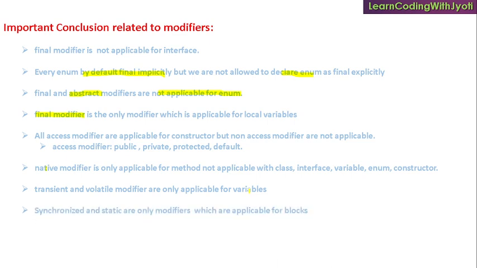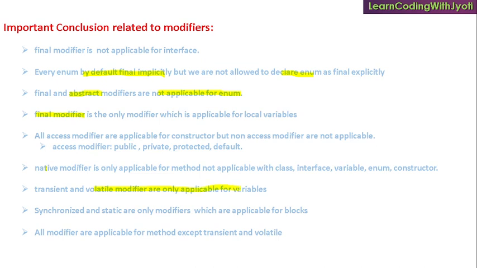The next is synchronized and static. These are modifiers which are applicable for block. So out of 12, only 2 are useful for block, the others are not applicable. Let's see the next. All modifiers are applicable for method except transient and volatile. As we have seen, transient and volatile are only applicable for variable.